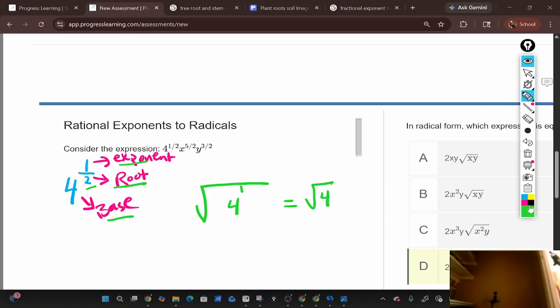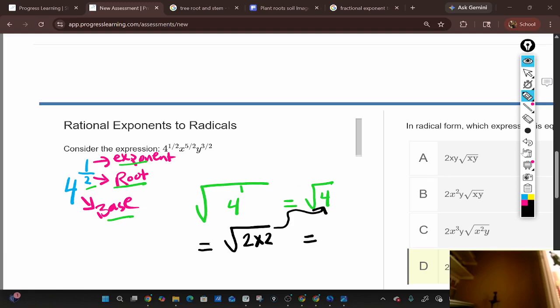Now for this example, when we have the 4, we need to ask ourselves: what are the two numbers that, if you multiply them together, you get 4? Those two numbers are 2 times 2. Specifically, 2 times 2 equals 4.